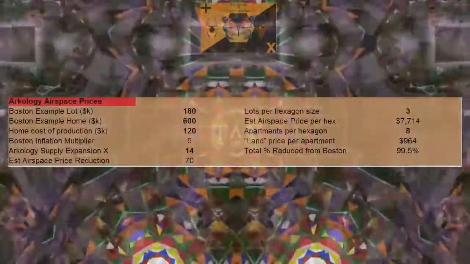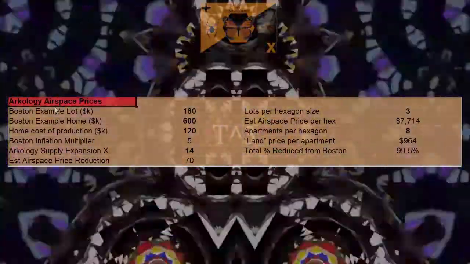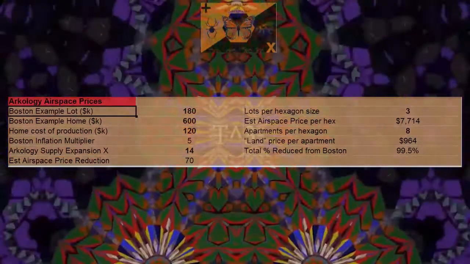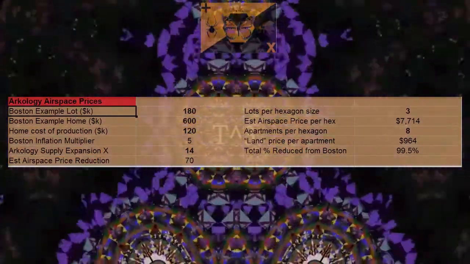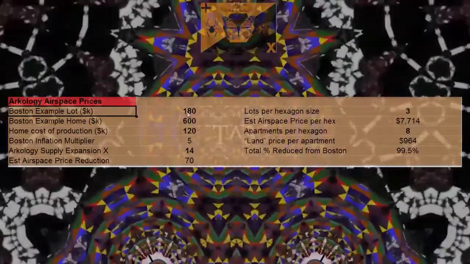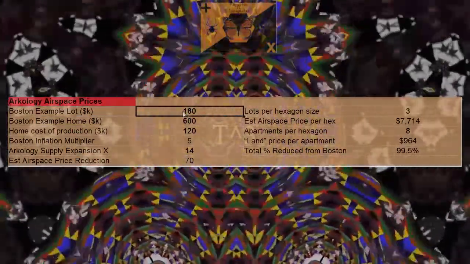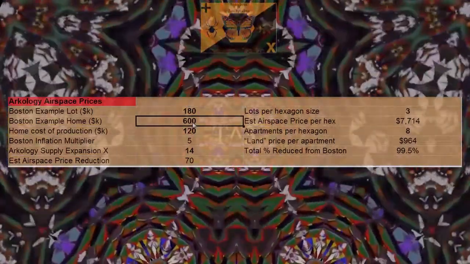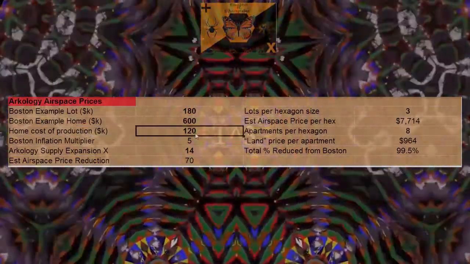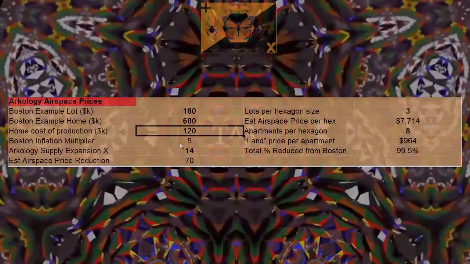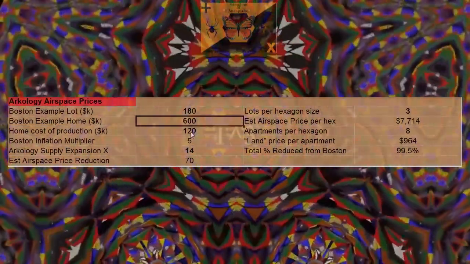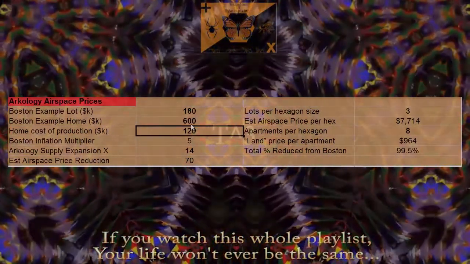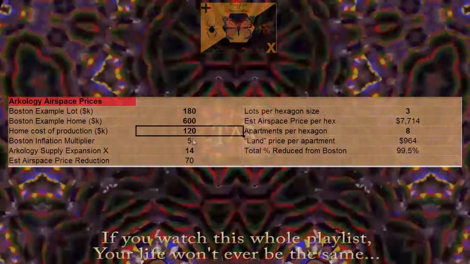Moving on to the math here, we have estimated airspace prices for Arkology. I used Boston to kind of give us a bearing on where we'll be at here. This is the lot prices for Boston. Empty lots, it seems to be. This is your average home price. This is your average home cost of production, just a rough estimate, which gives you an inflation multiplier, which is how high above the cost of production real estate is in the area.